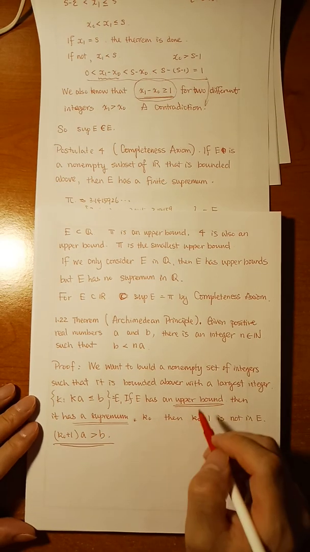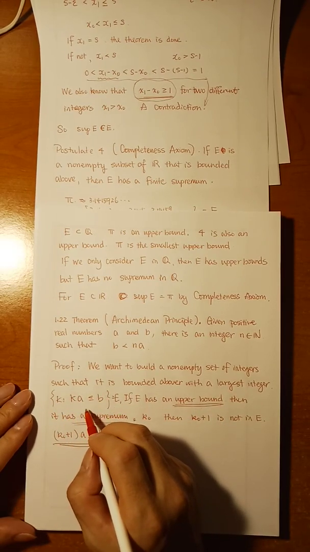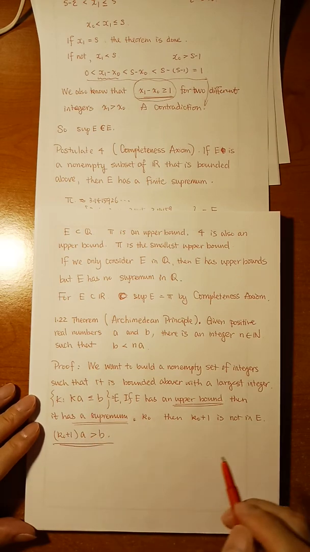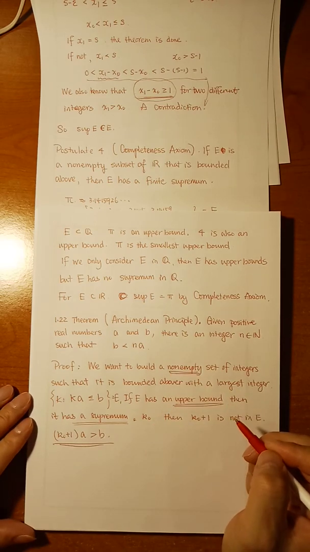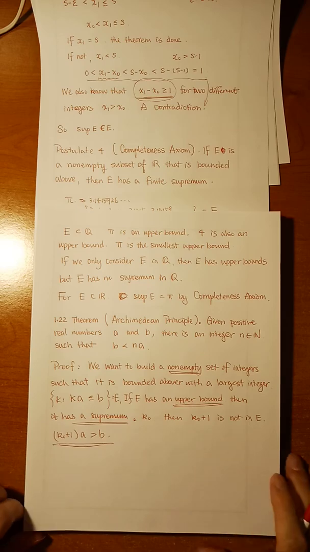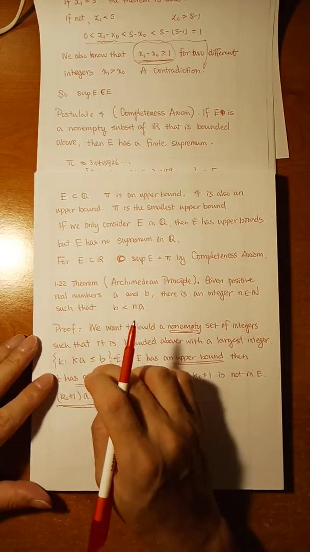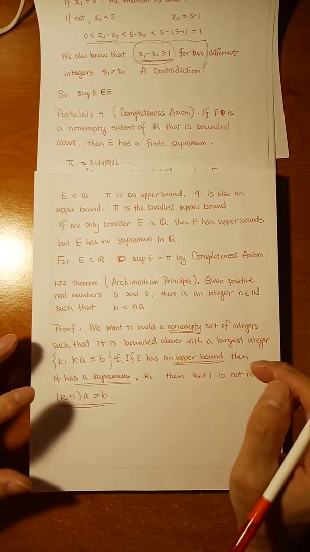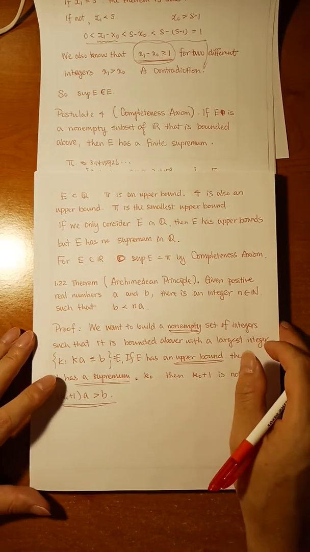Also you have to notice why this is a non-empty set. The completeness axiom is applied to a non-empty set. So there are 2 questions you need to answer. That is the idea. We build up this set, and we verify those 2 conditions. Once we verify the conditions, we can get the conclusion.